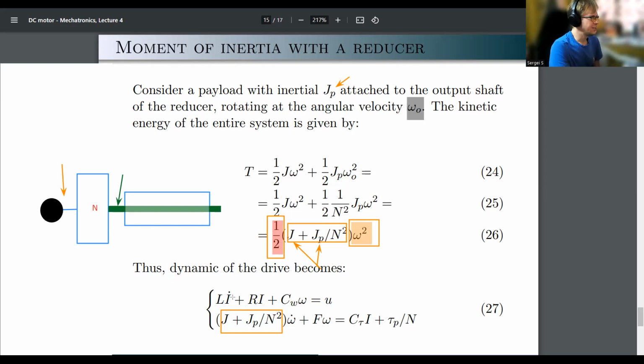And of course, it isn't as effective because this reducer effectively does this: this outside mass experiences 1/n of angular velocity of the input shaft.